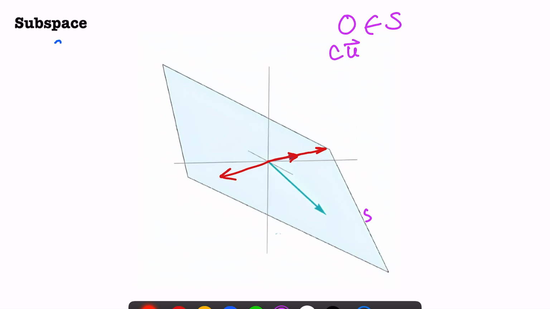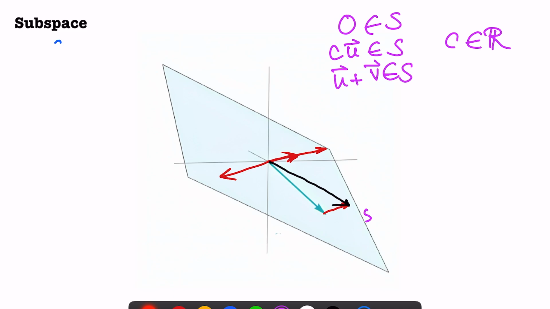So Cu belongs to S, where c is a scalar. Now let's add two vectors, this one and this one. The resultant vector is this one, that is also on this plane. So this is closed under vector addition as well. So this plane going through the origin is a subspace in this 3D region.